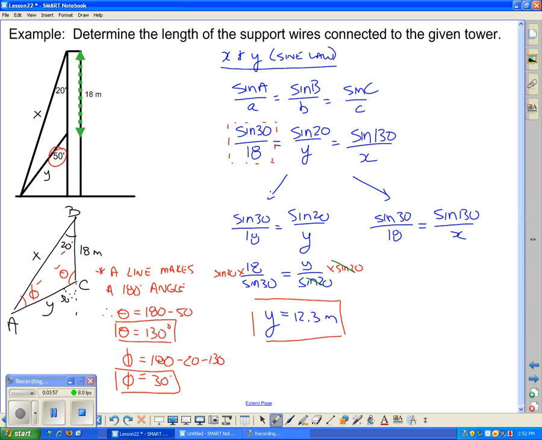So that's the length of Y. Now my X I can anticipate to be a lot longer. So if this is 12.3, this length over here should be a lot longer. So it's a bit of an intermediate check, I guess, for me. X over sine of 130. Multiply both sides by sine of 130.